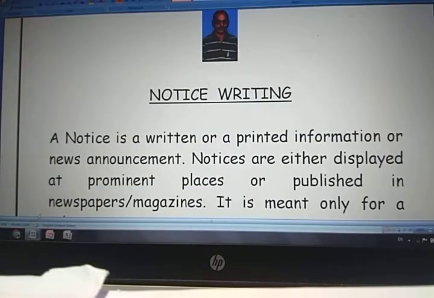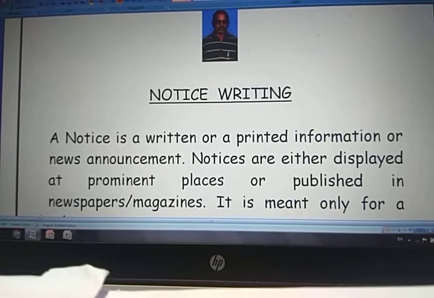What is a notice? A notice is a written or a printed information or news announcement. Notices are either displayed at prominent places or published in newspapers and magazines.